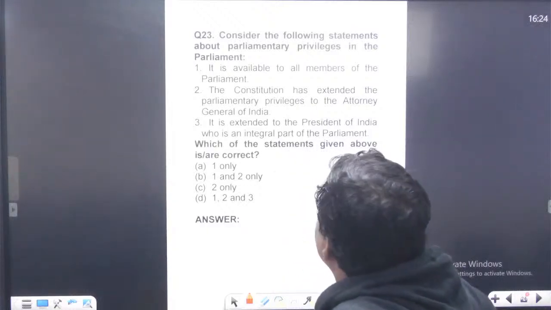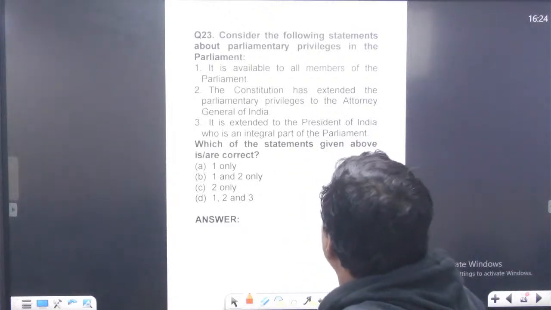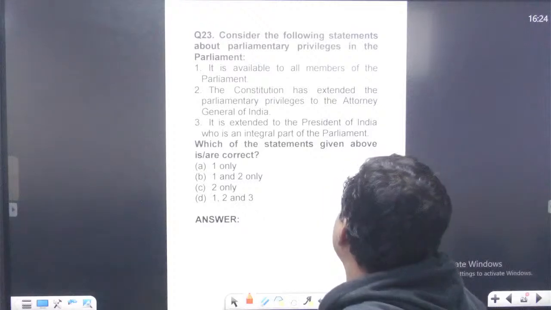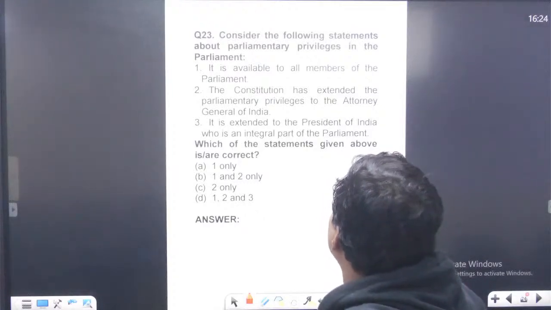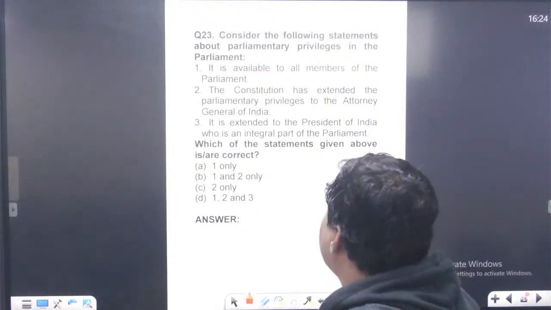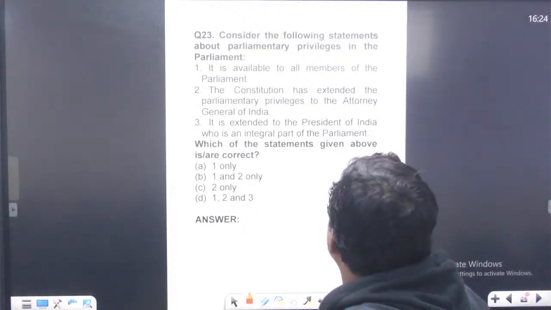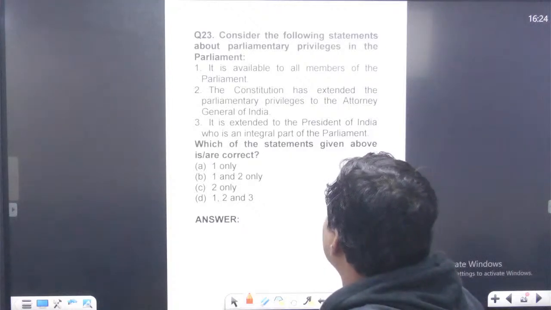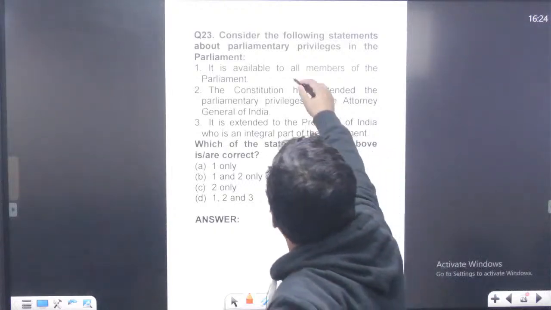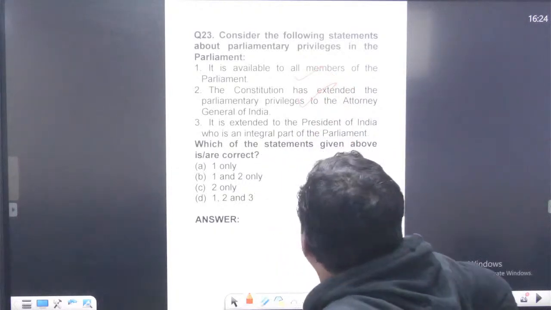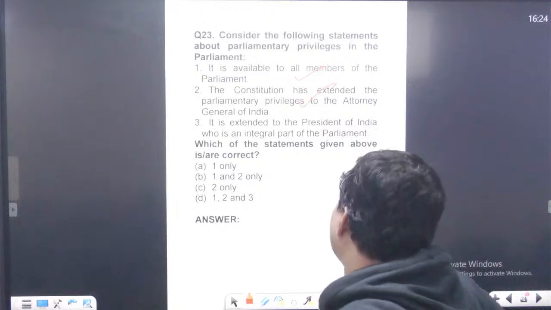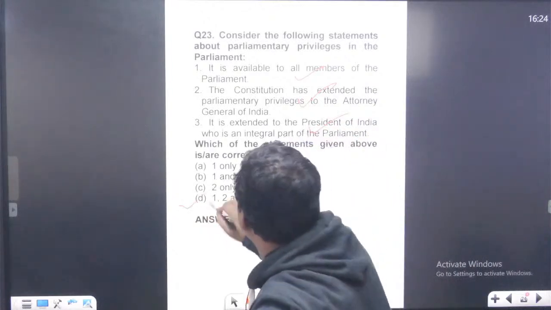Consider the following statements about parliamentary privileges in the Parliament. It is available to the members of the Parliament. The Constitution has extended the parliamentary privileges to the Attorney General of India. Yeah, both are correct. It is extended to the President of India, who is an integral part of the Parliament. Yes, it is. All three.